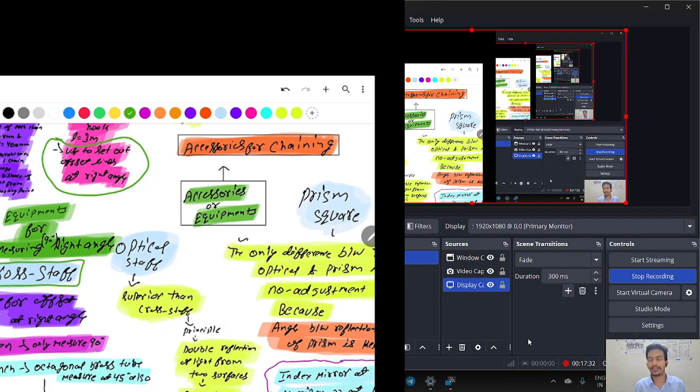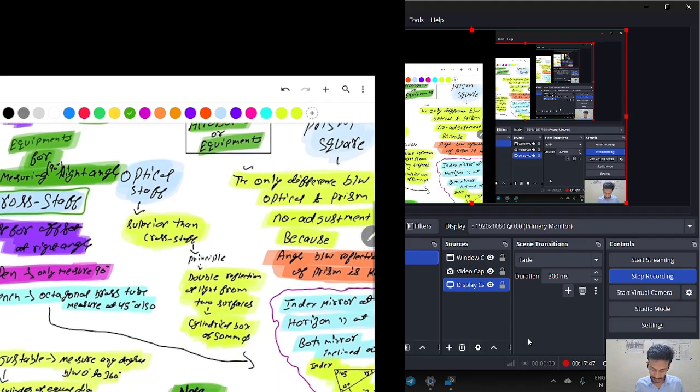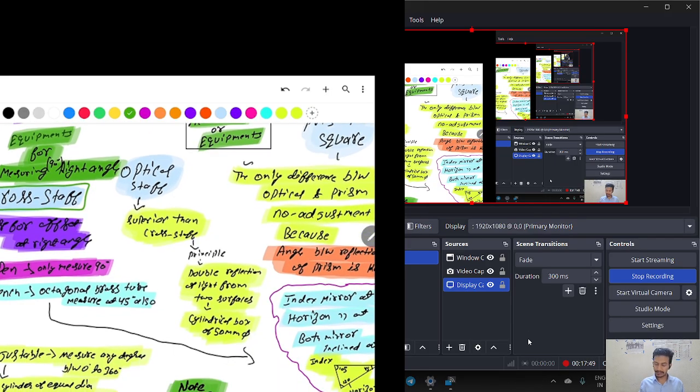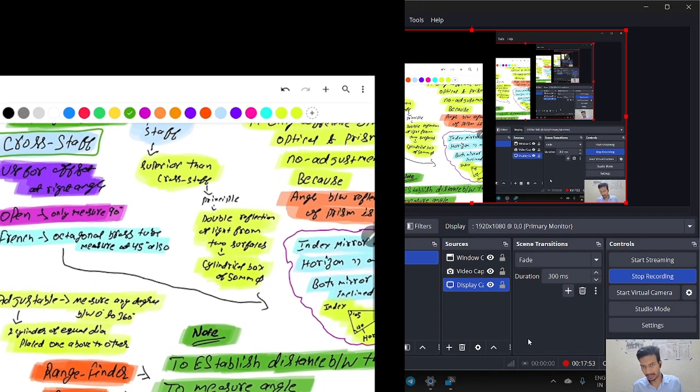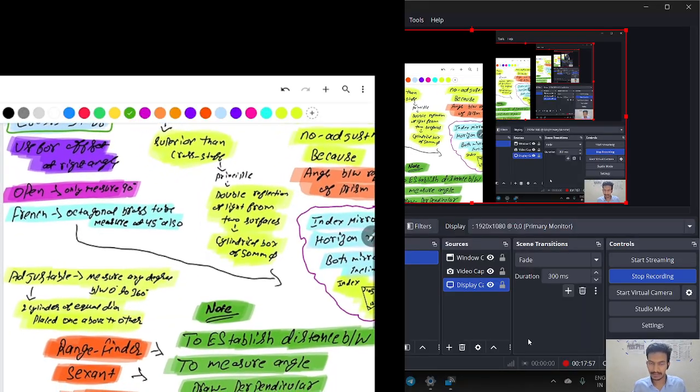The cross staff also has three types. First, the open cross staff only measures 90 degrees. There is a French cross staff, an octagonal brass tube, which measures 45 degrees also. And the last is the adjustable cross staff, which measures 360, any degree.